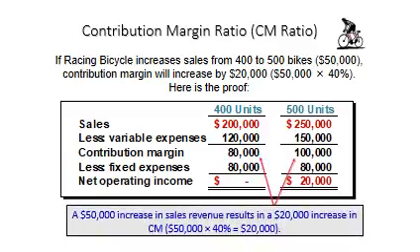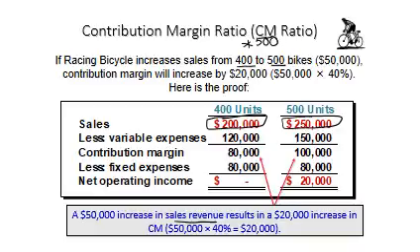Here, what we are saying is $50,000 increase in sales when the sales quantity increases from 400 to 500 bikes. We know that the sales revenue increases from 200,000 to 250,000 because each bike is sold at $500.